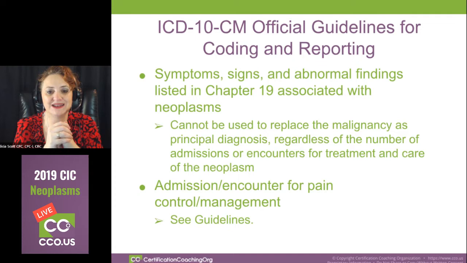You cannot use that to replace the malignancy as the principal diagnosis. It doesn't matter how many times the patient is being seen. Why are they being seen? They had brain cancer. But if the patient is being seen for pain control due to the malignancy in the brain, there are specific guidelines that follow that.